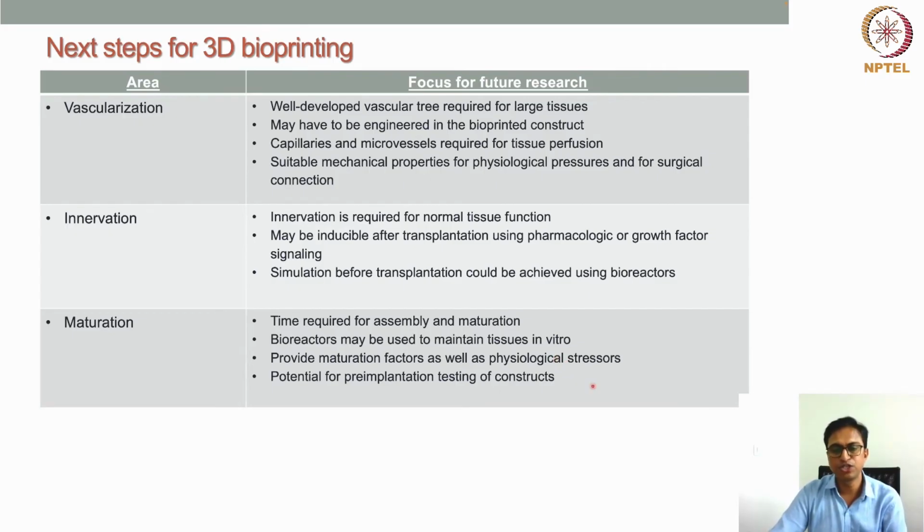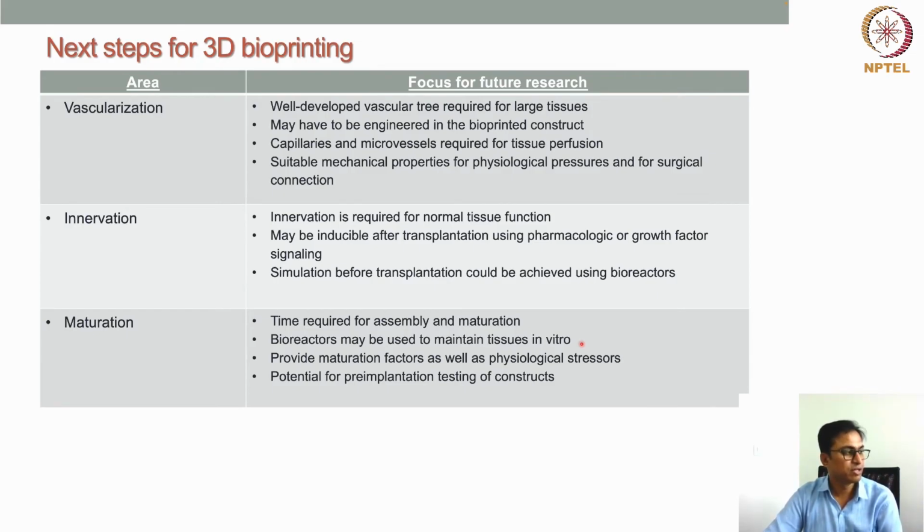And there are some physiological stressors, like probably some kind of mechanical signals, suppose some stress or strain that can be given, cyclical loading, unloading, stretching, bending, all these things, because many of our tissues undergo this kind of physiological cyclical loading and unloading, and also different other signals, like maybe electrical signals.